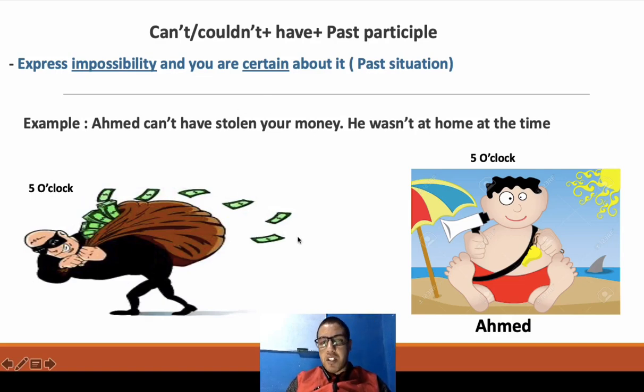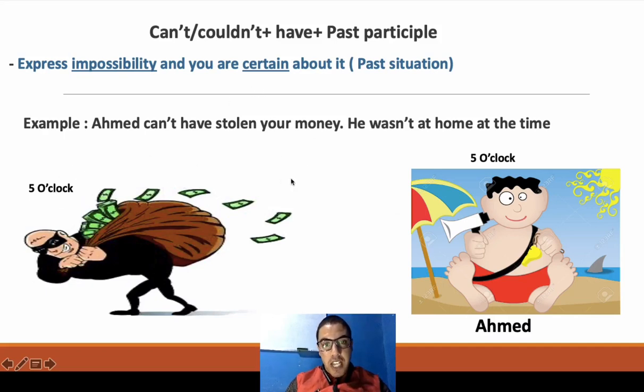Then a person will come and say, oh, I guess it is Ahmed who stole the money. Then I will say, no, it's impossible. Ahmed can't have stolen your money. Why? Because at 5 o'clock, when the money was stolen, Ahmed was not at the house.